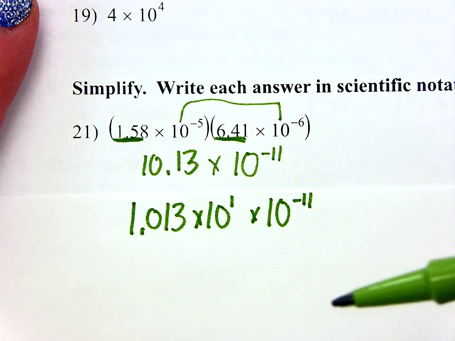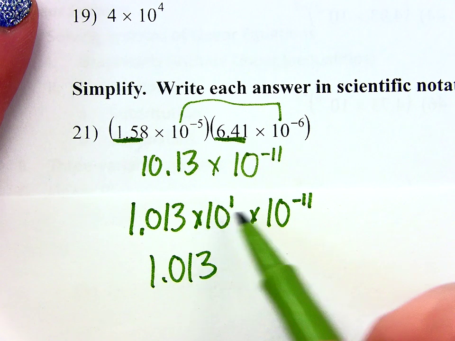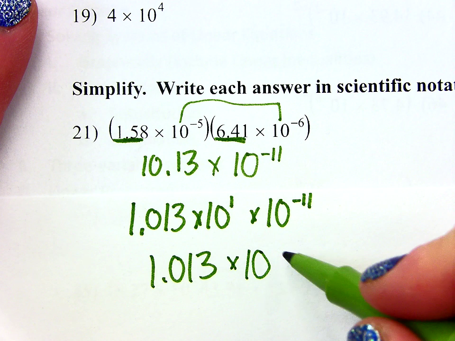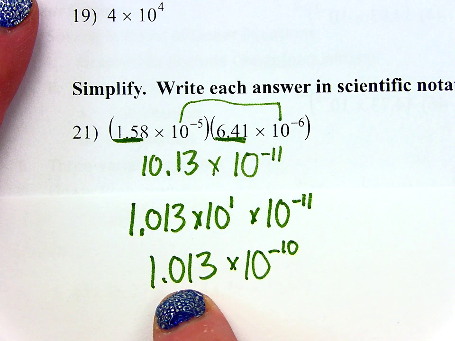This is between 1 and 10, so I get to leave it. But now what's 10 to the first times 10 to the negative 11th? It'd be 10 to the negative 10th. That's my correct final answer. And I know that it's my final answer because that number is between 1 and 10. Does that make sense? Okay.